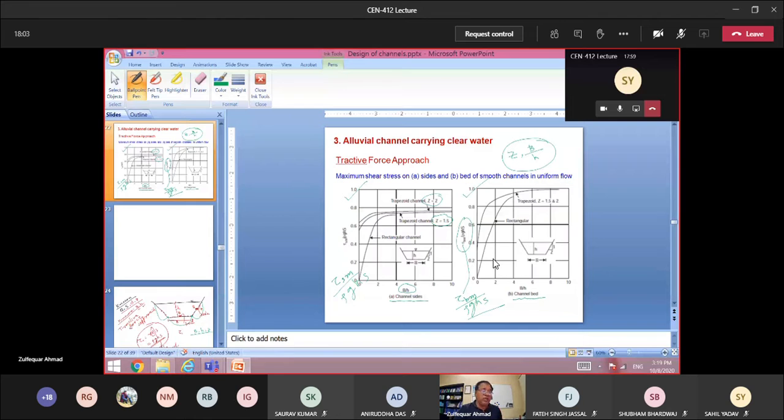Note down again, this is the shear stress which is acting due to the flowing water. It means you have to design your channel in such a way that the shear stress required to move that particle should be more than this. Am I right? Am I right or wrong?